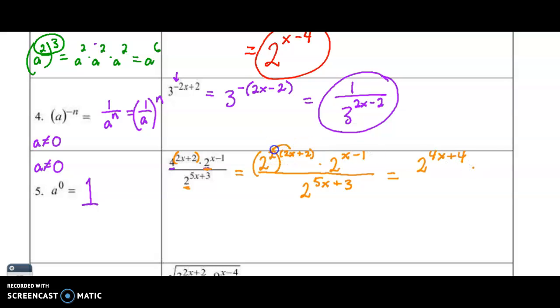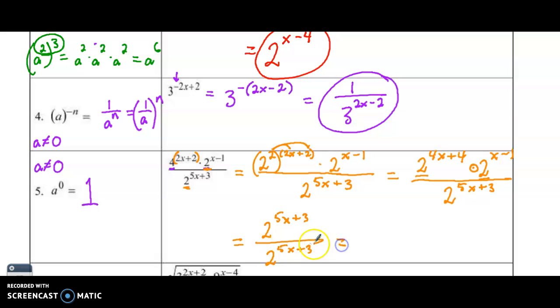See how I have to multiply? Times 2 to the x minus 1 all over 2 to the 5x plus 3. Well, now that I'm multiplying right here with the same base, I add my exponents. So I'm looking at 2, 4x plus 1x is 5x. 4 plus negative 1 is 3. All over 2 to the 5x plus 3.